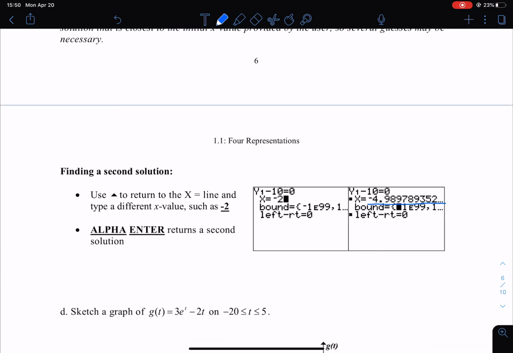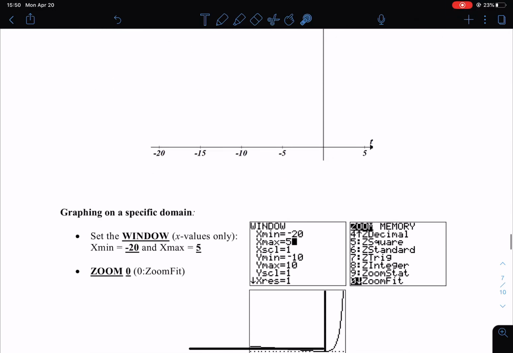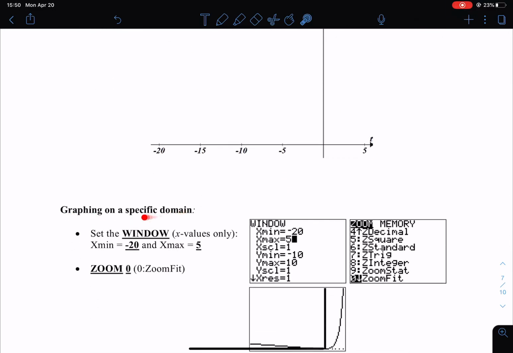All right. So next part is about how to sketch a graph. You can see here for this function we have a domain where t is from -20 to 5. We are graphing on a specific domain, from -20 to 5. So first we use the window. After you hit the window, you can see this one.